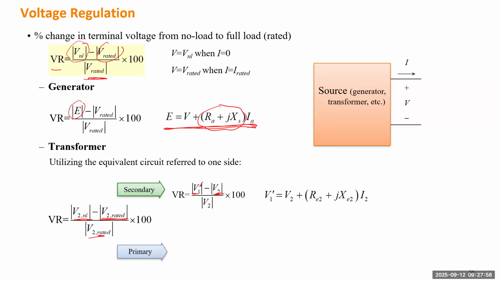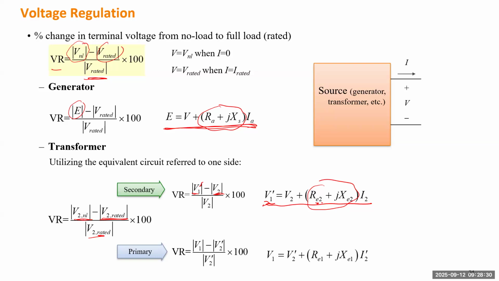So the equation will be this one. Here, this indicates the total impedance after we transfer everything to the secondary side, because we have the sub E and the sub 2 that indicate the total impedance transferred to the secondary side. And the source voltage is actually the primary side voltage source transformed to the secondary side. So we're going to use this equation to calculate the voltage regulation factor.